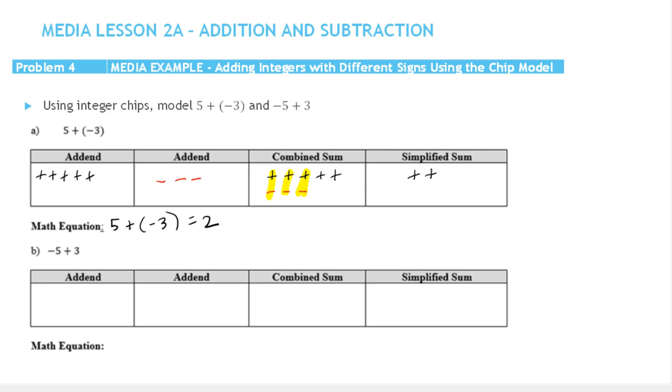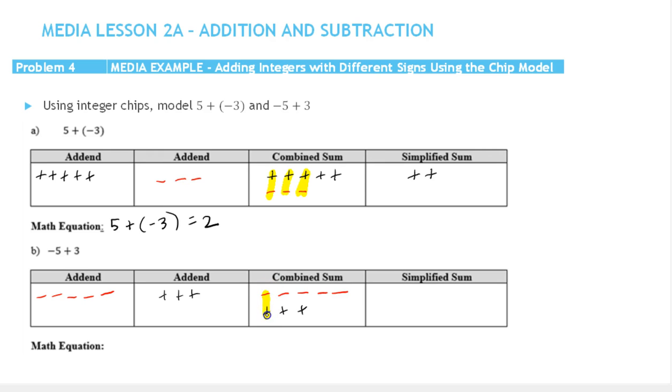Let's go back and represent this. So we started with 1, 2, 3, 4, 5 negative chips, 1, 2, 3 positive chips. Now let's write the combined sum. So we're taking these and putting them together. And then we're going to cancel out any plus-minus pairs.